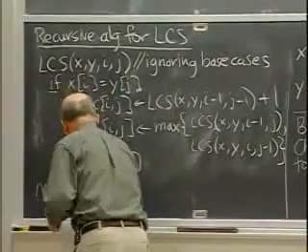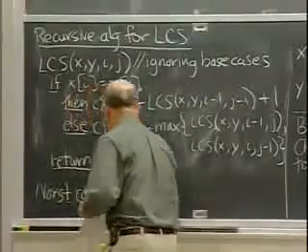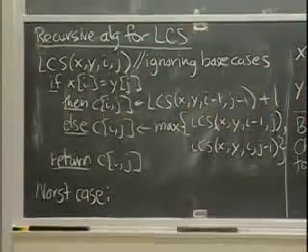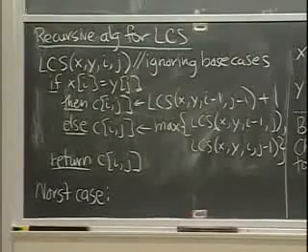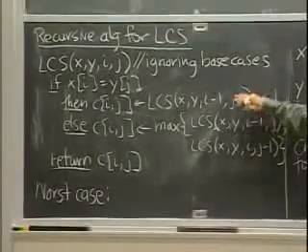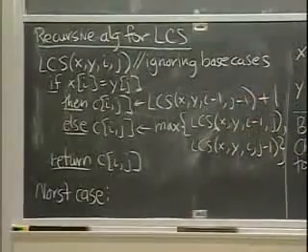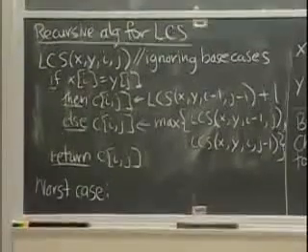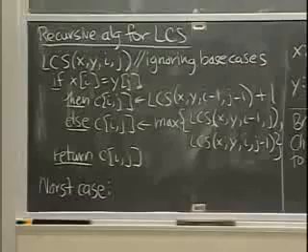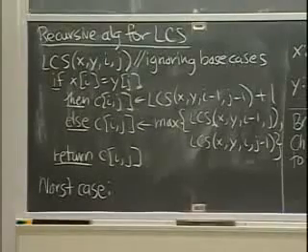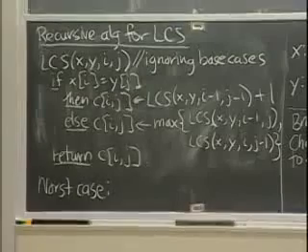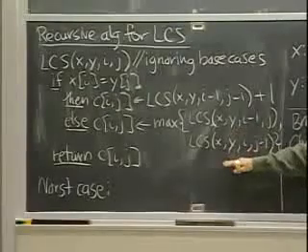So what's the worst case for this program? Which of these two clauses is going to cause us more headache? The second clause. Why the second clause? You're doing two LCS calculations.